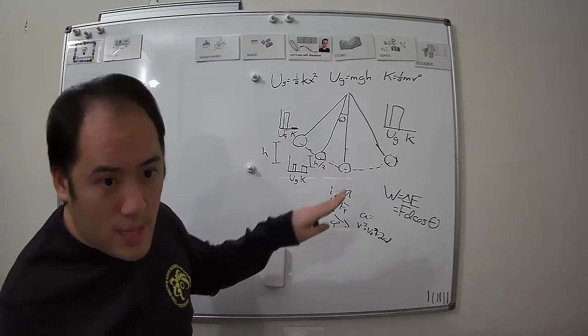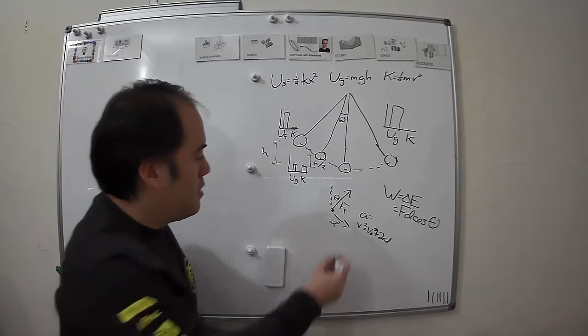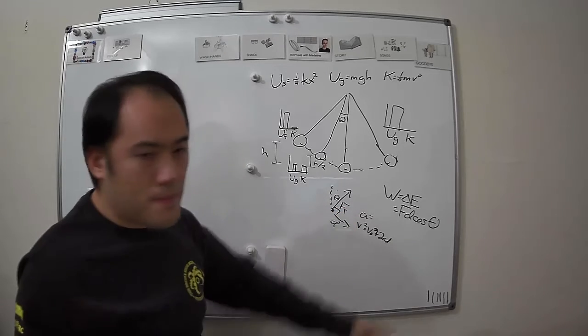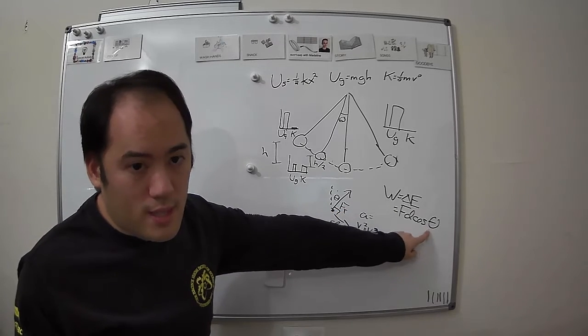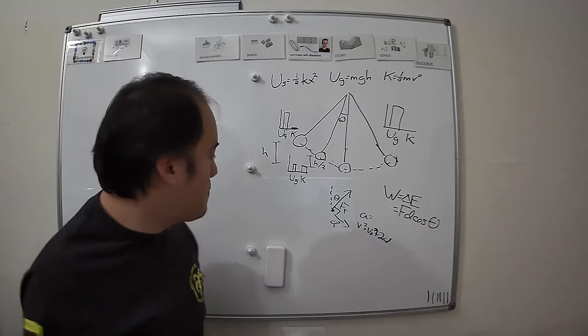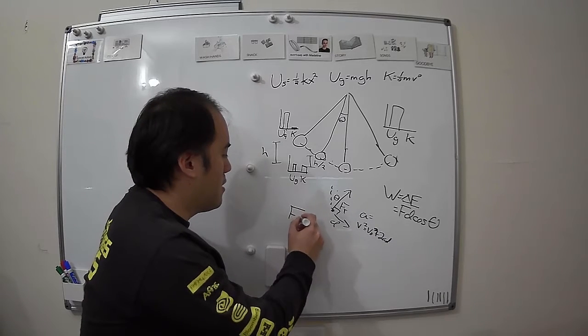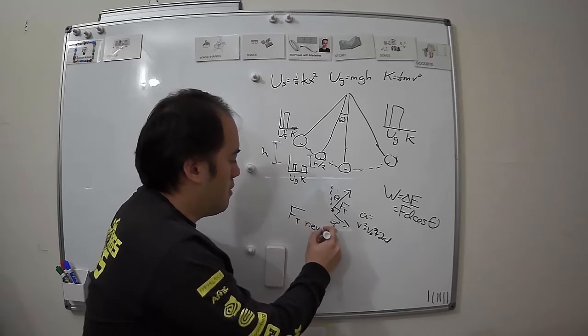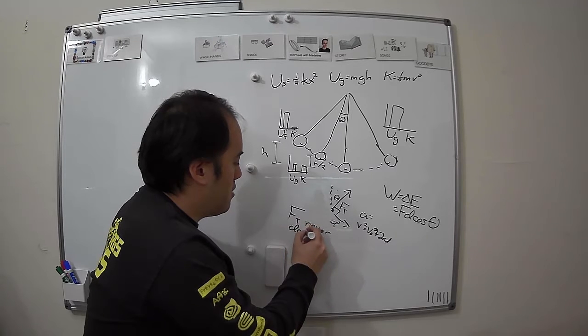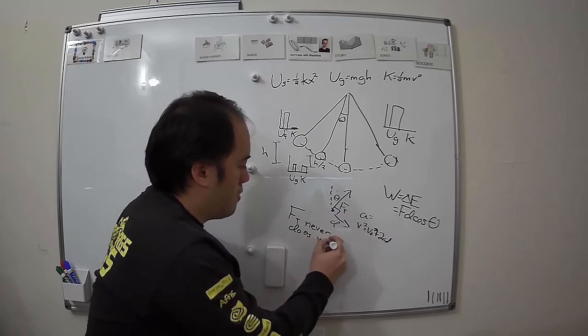No matter what position you're at, F and D are perpendicular. Cosine theta is cosine 90, which is 0. So Ft never does work.